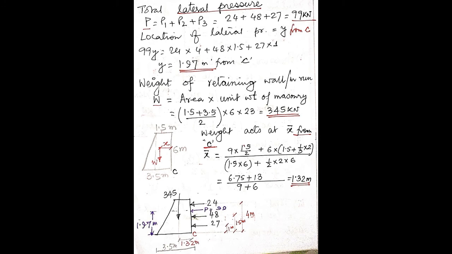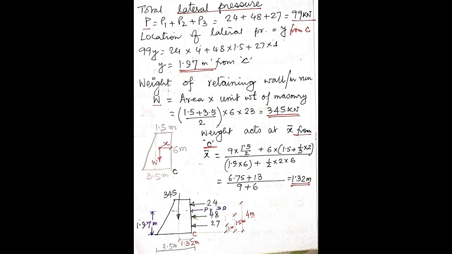Okay, the corresponding locations. For all these different lateral pressures acting, we are going to find the resultant pressure and its location. Then we will get one resultant force, which will substitute all these lateral forces, and there will be one location. So how to find it out? Just by Varignon's theorem.